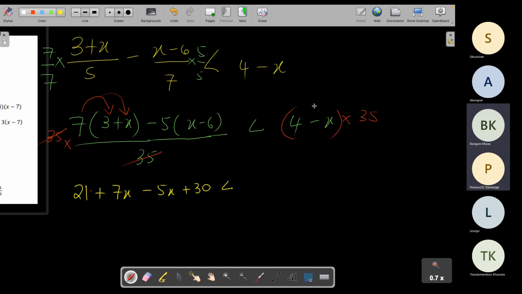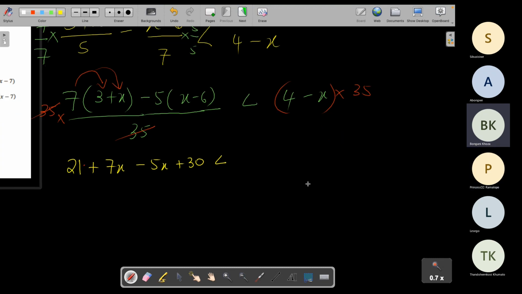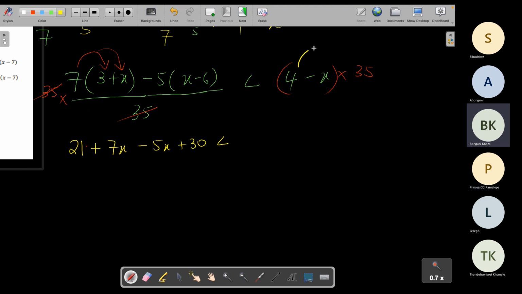All right. Let's multiply with 35 on both sides. What do we have? So this one will multiply that one, and this one multiply that one. What do we have? 140.